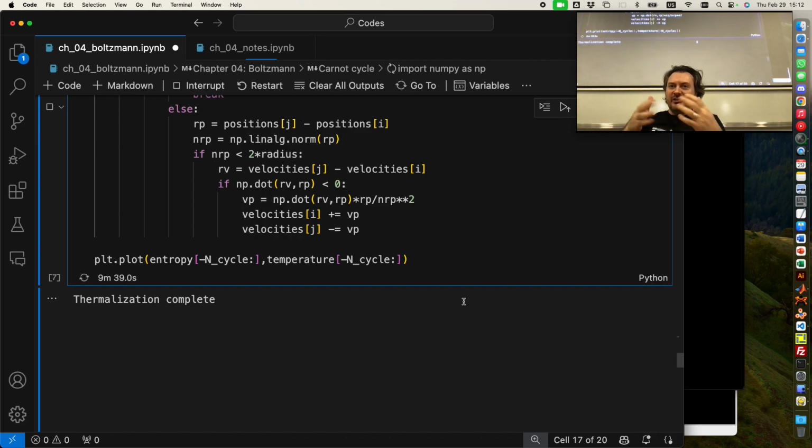How much heat do you need to increase by 1 Kelvin when the volume is constant? How much heat do you need to increase by 1 Kelvin when pressure is constant? So these are two different processes. Yes. When it's constant pressure, you need more energy.